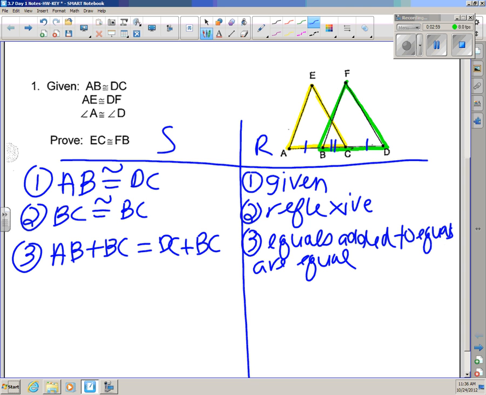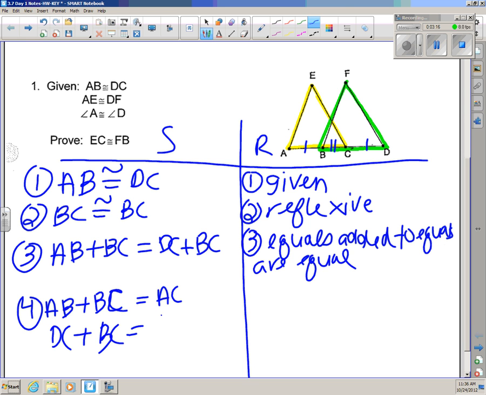Now I stick with that left-hand side. Again, this is just like the subtraction piece, but now this left-hand side, AB plus BC, equals that one big segment of AC. And then on the other side, DC plus BC equals that one big segment, which is DB. So this then becomes your segment addition.